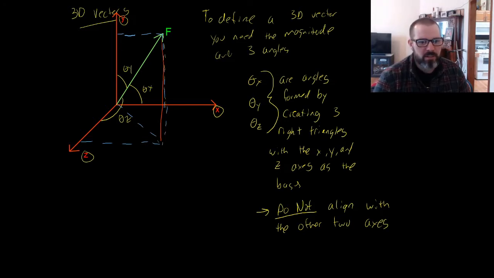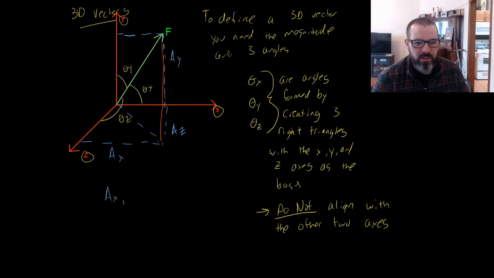This distance in the foreground is AZ. Correction, that is AX. This distance here on the side is AZ. And this distance up, or the projection, is AY.